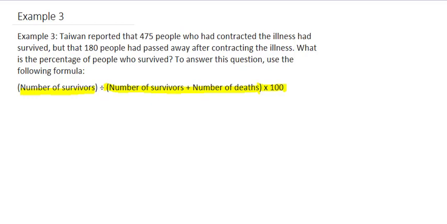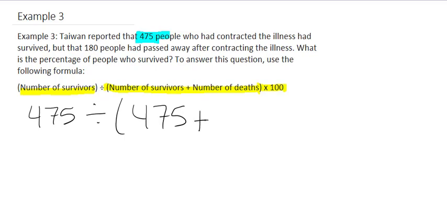So we have number of survivors. So we get this number from this number. So we have 475. And then it's going to be divided by the number of survivors, which is 475 again, plus the number of deaths, which is 180 people.